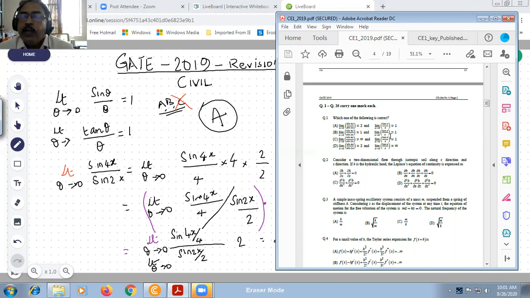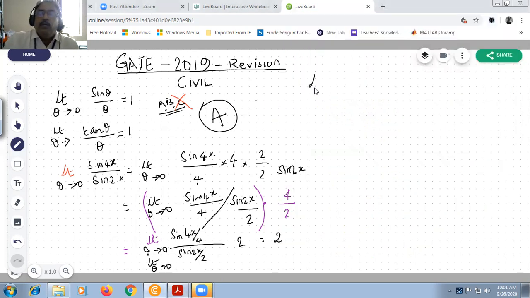Here dou h by dou x alone is ruled out, as there is no square. Always when you say Laplace equation, what is the Laplace equation? It is del square phi equal to 0.